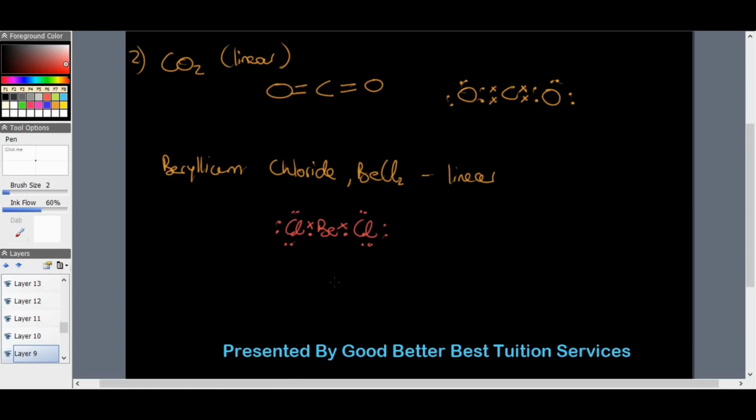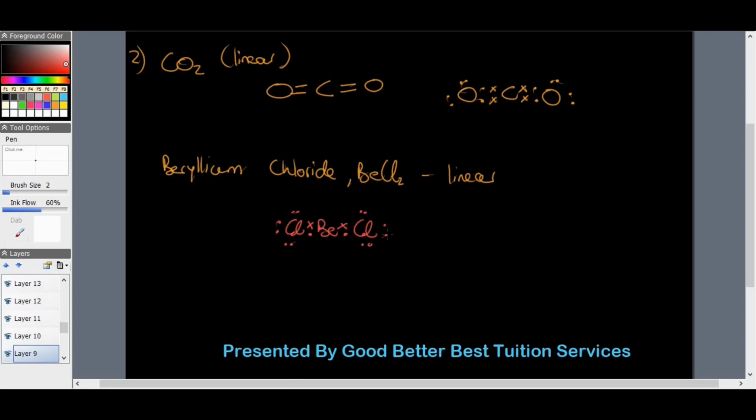As we can see, we have two chlorines opposite each other around the beryllium atom. As we can see similarly here with the carbon dioxide molecule as well, it is drawn in a linear shape, meaning that the molecule is indeed linear. So those two molecules have what is known as a linear shape.